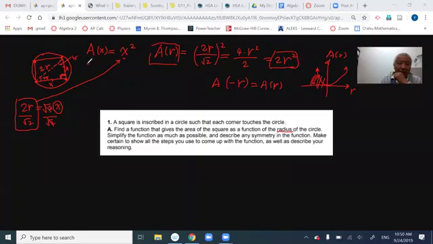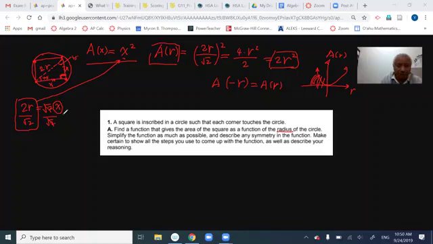The area of the square will be just the length times the width, x squared, no problem. But since they ask for the function of the r of the circle, we have to build up the relationship. The relationship uses a 45, 45, 90 triangle. You can get 2r equals square root 2 times x.